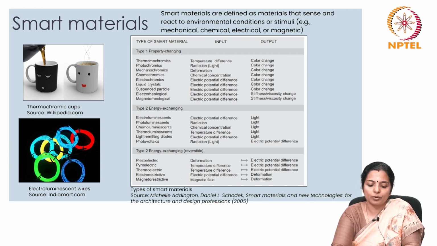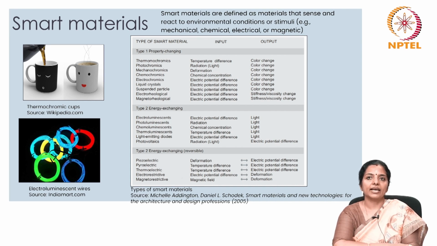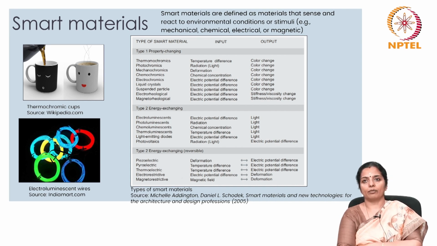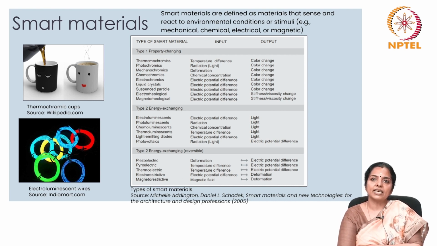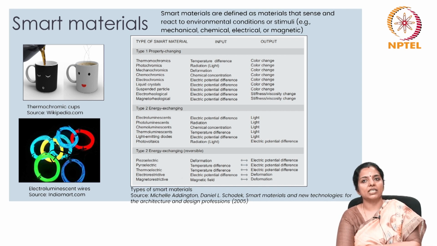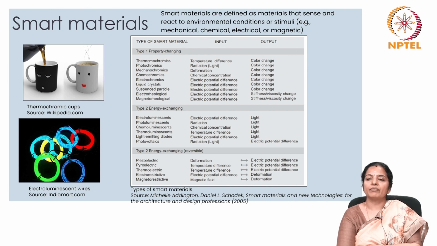The stimuli could be mechanical, chemical, electrical or magnetic. For some time, smart materials found their primary use in interesting but specialized engineering and scientific applications, or at the other end of the spectrum in novelty applications.